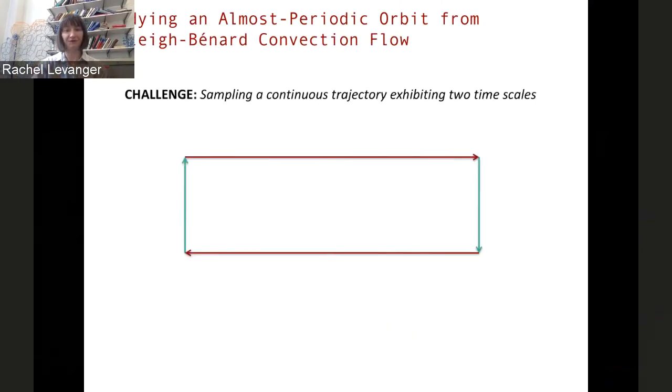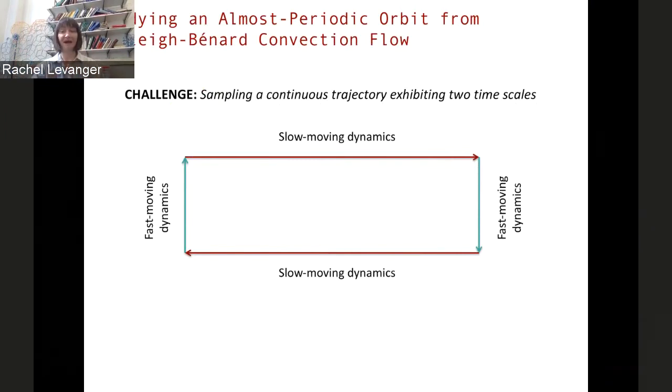So just to further visualize what we're trying to do here, imagine we've got a single periodic loop that has slow moving dynamics across the top and the bottom, and then fast moving dynamics across the sides. If you sample uniformly in time, you're going to get lots of samples across the slow moving dynamics, but all of a sudden when you go through the fast moving dynamics, you might only pick up a point or two, if any.